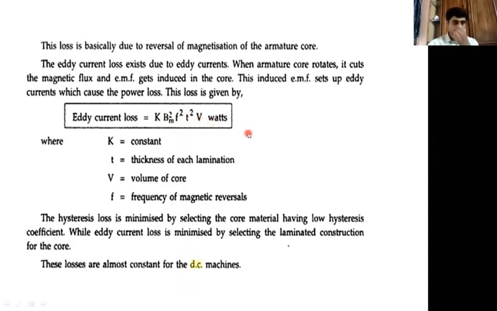This is in watts. Hysteresis loss is minimized by selecting core material having a low hysteresis coefficient. Eddy current loss is minimized by a laminated construction of the core. These losses are almost constant for a DC machine.